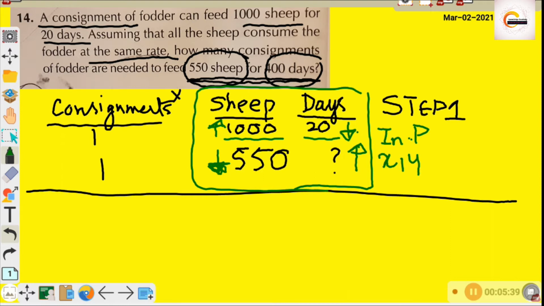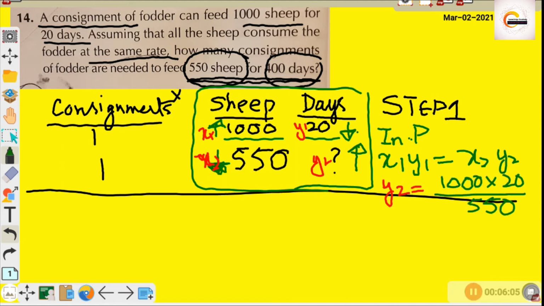X1 into Y1 is equals to X2 into Y2. So here X1 is 1000, Y1 is 20, X2 is 550, and Y2 is going to be our required value. I am going to put all these values in our formula, and we'll get the value of Y2.